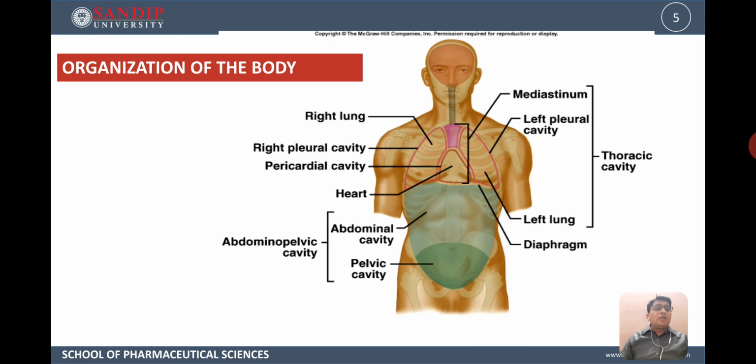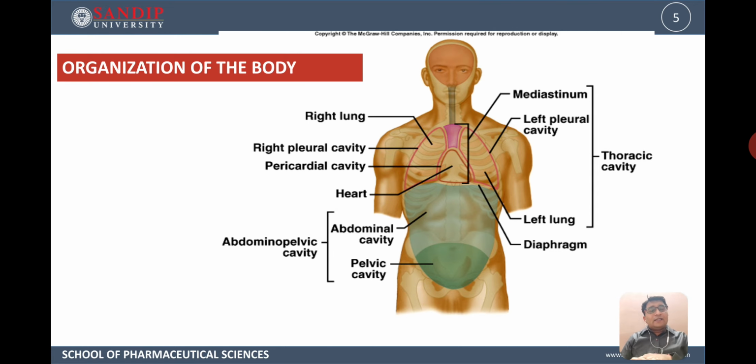The upper part within the dotted line is the thoracic cavity. In that thoracic cavity there are the heart and lungs, and below it the abdominopelvic cavity, which contains the liver, digestive system and reproductive organs.